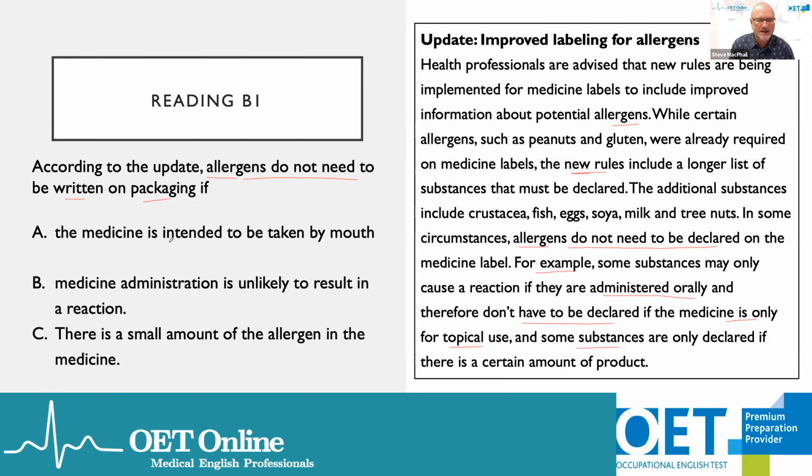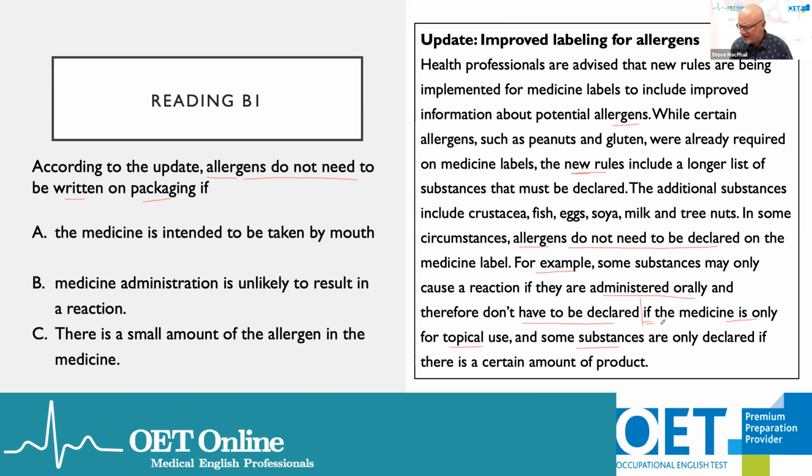Well, A, the medicine is intended to be taken by mouth. It says some substances may only cause a reaction if they're administered orally and therefore don't need to be declared. If I only read to the word declared, it might be right, but I've got an if, so I have to read more.